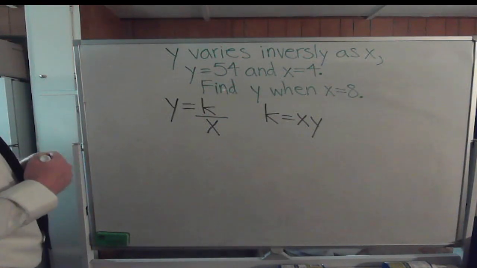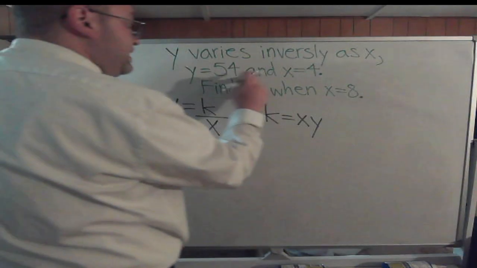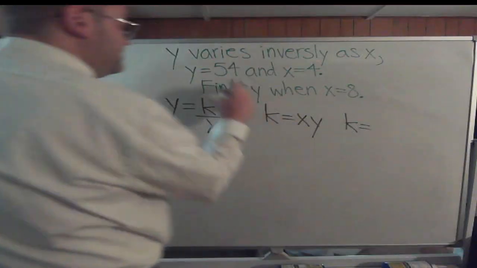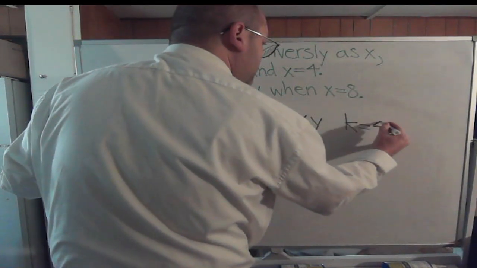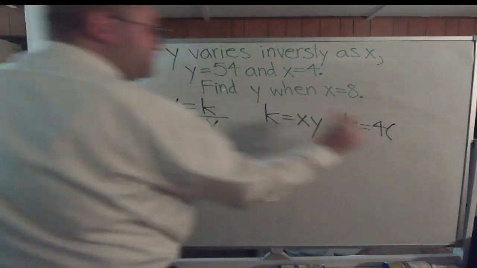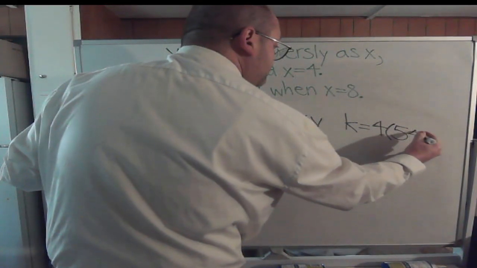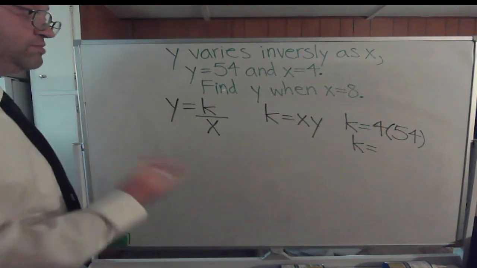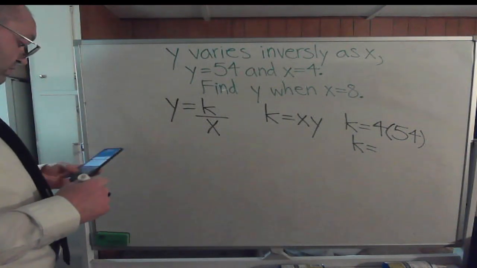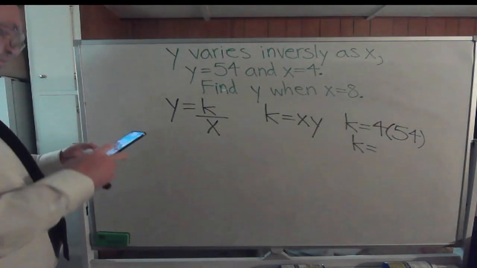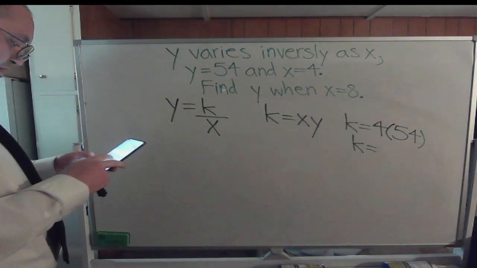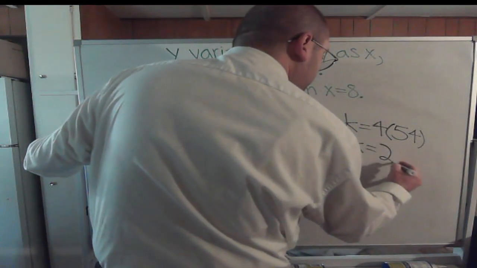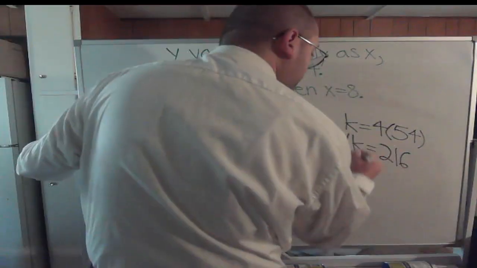Now, in order to find that constant, all we have to do is plug in the initial values that were given to us. So k equals, the x value is 4 times your y value of 54. So to find the constant of variation, you're just simply going to take 54 times 4, which I want to say is 216, and I was right, 216. Okay. So the constant of variation is going to be 216.